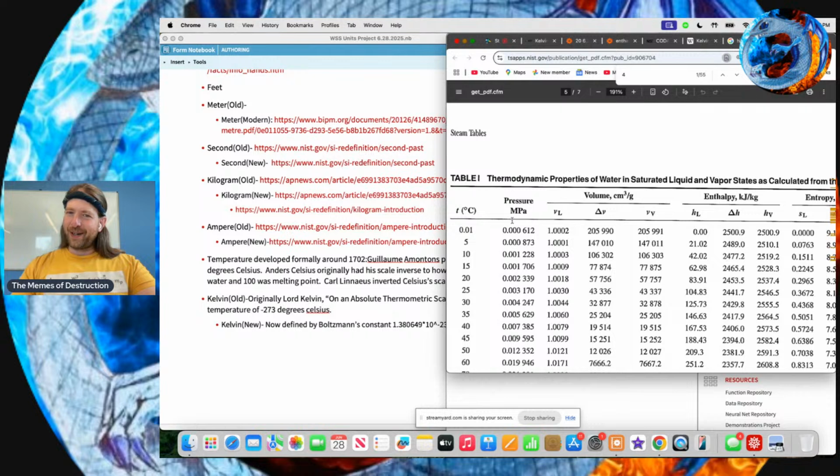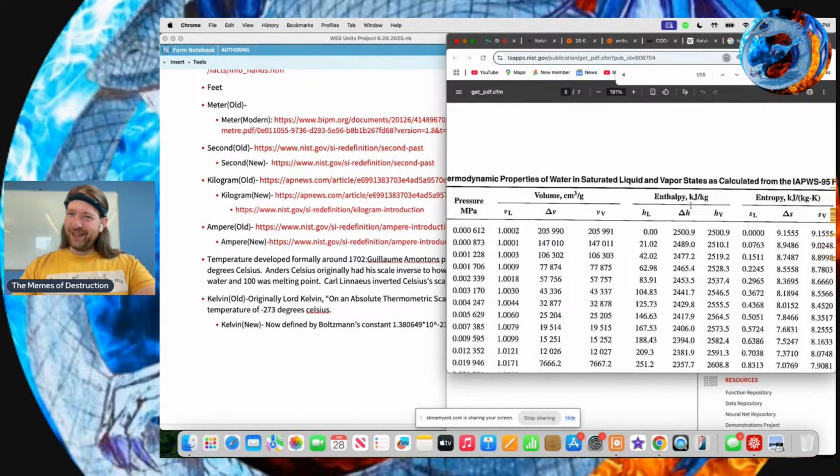Pascal is the unit of pressure, and mega means million. Specific volume, liter per kilogram. Oh, that's very close to 1 liter. Oh, look. At 5, it's 1. I wonder what happens at around 4-ish degrees at the appropriate thing. It might actually equal precisely 1 liter. That's really cool.